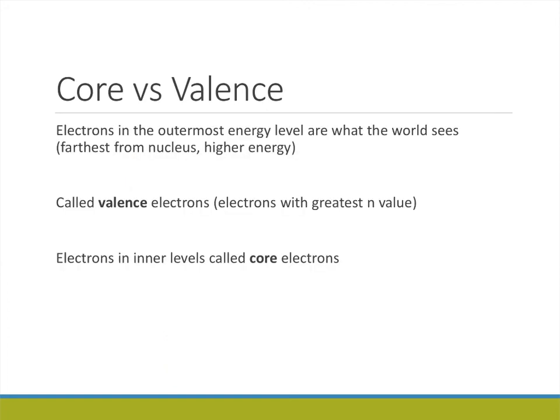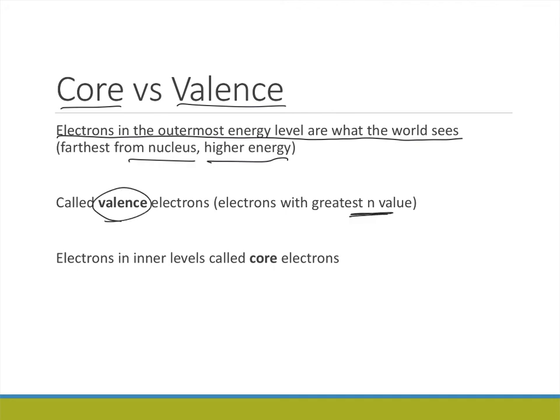So we have a couple of different spots that the electrons can occupy. We can have electrons in the core or the valence. Okay? The electrons in the outermost energy level are what the world sees. These are farthest from the nucleus. These are the highest in energy. These are what we call valence electrons.